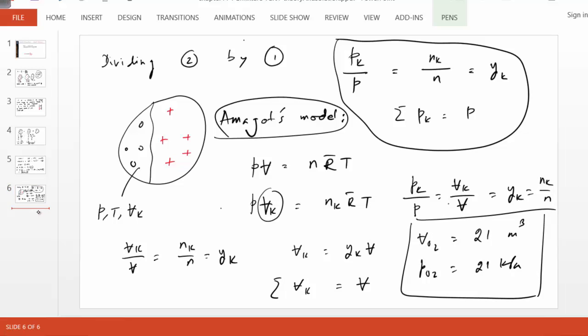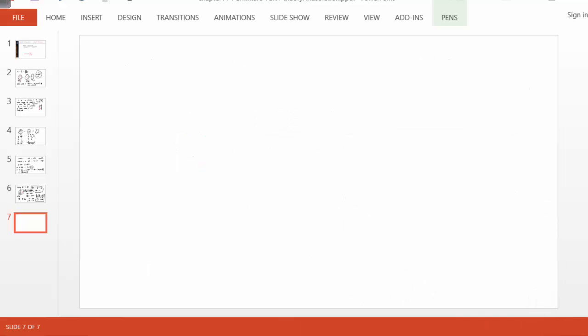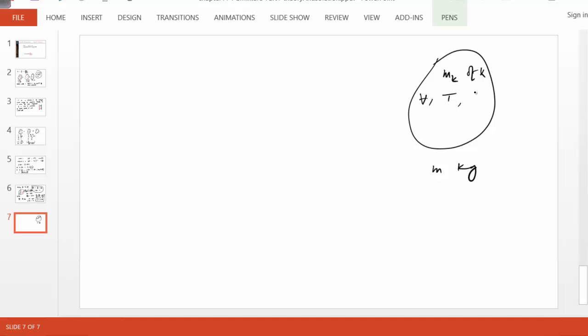Finally, we'd like to evaluate some properties of a mixture. Okay, so in general, we'll express a mixture of m kg, which is mk kg of component k, and it will have a volume V, temperature T, and partial pressure Pk.